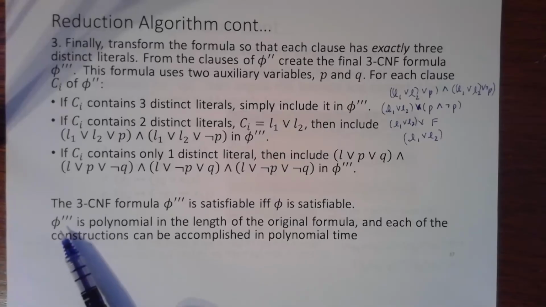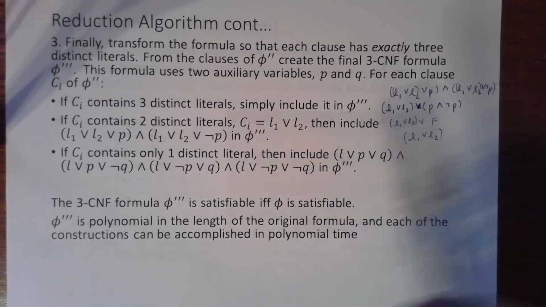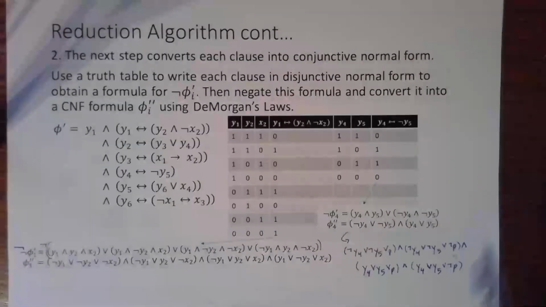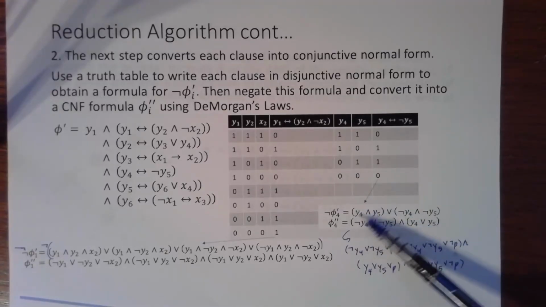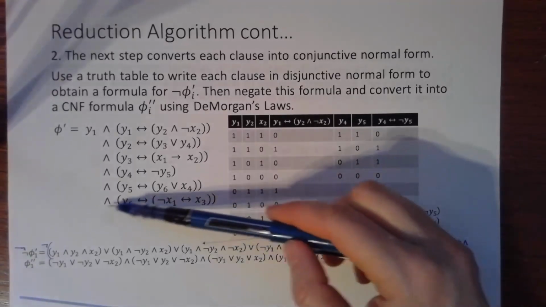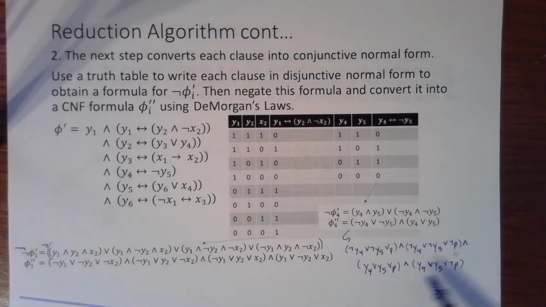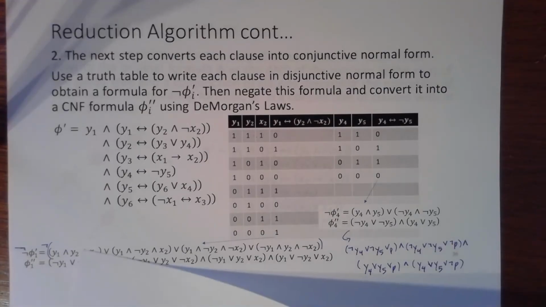Also, it's polynomial in the length of the original formula, where you replace each clause with at most 4. So we might have one expression here, and it might turn into at most four expressions. With two literals it becomes 2, and if we had only one literal, it would turn into 4. But a maximum of 4 clauses per one.